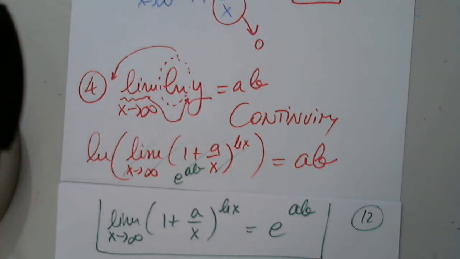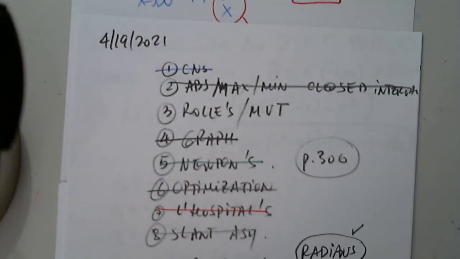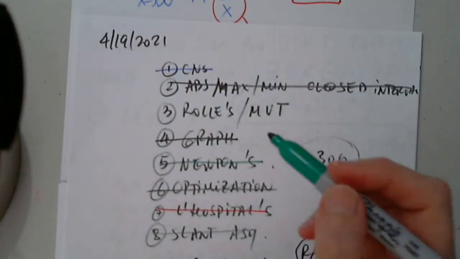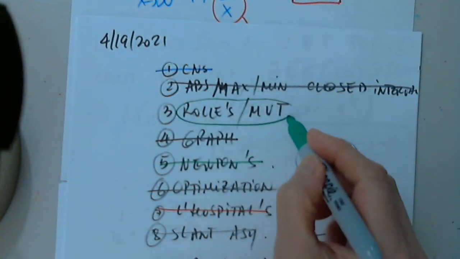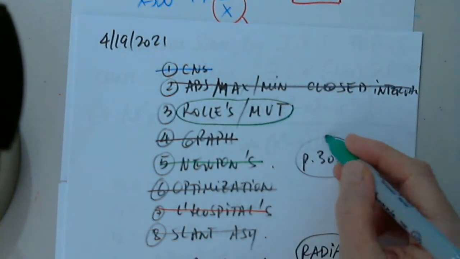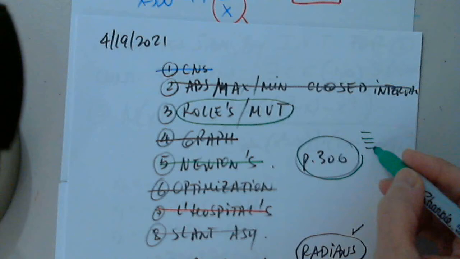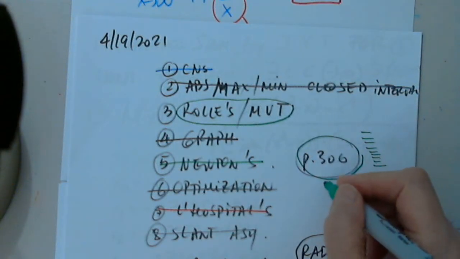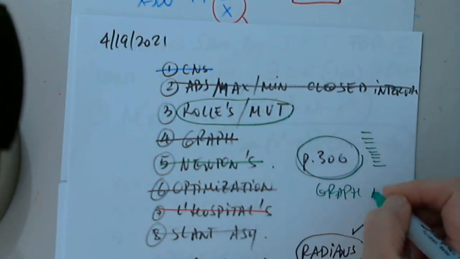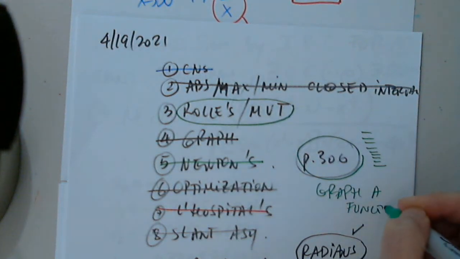Any questions? So what we have left is Rolle's or mean value theorem or a problem in which we are given certain conditions, and we graph a function with those given to us.